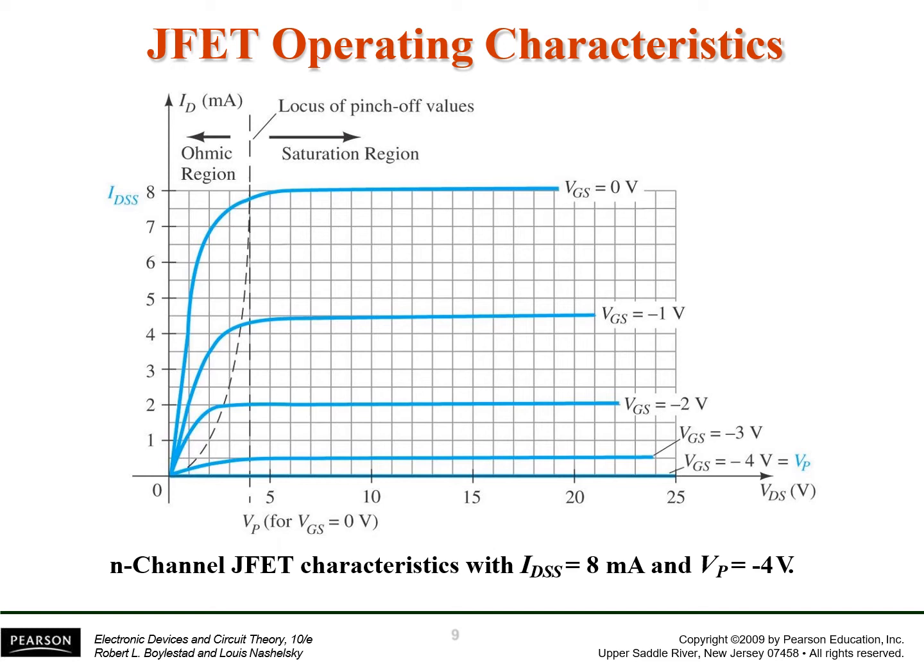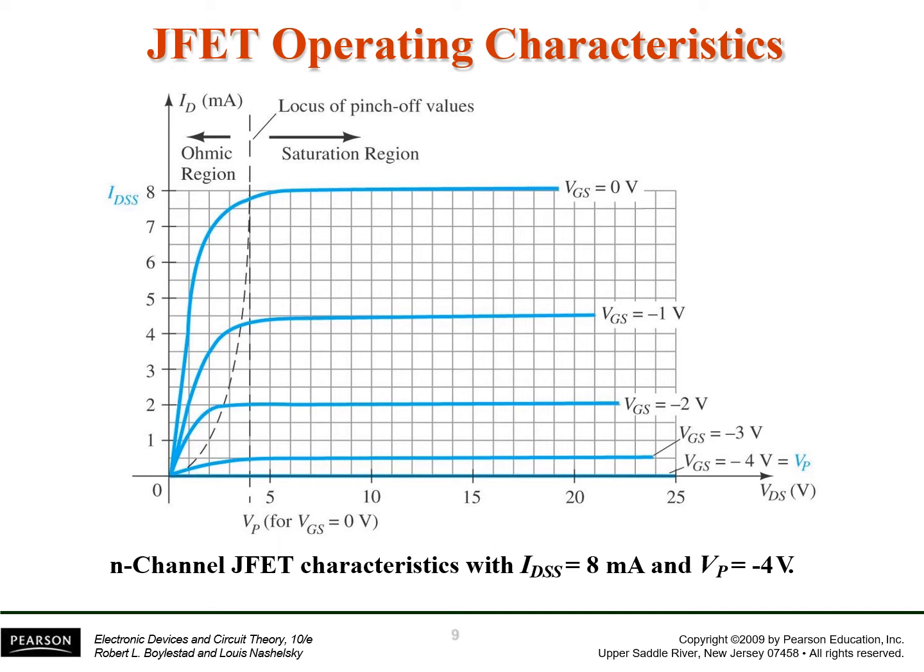Now let's see, you can see that as we increase the negative potential between the gate and the source, for example, we put it at -1 volts, we get ID saturation at 4.5 milliamperes.